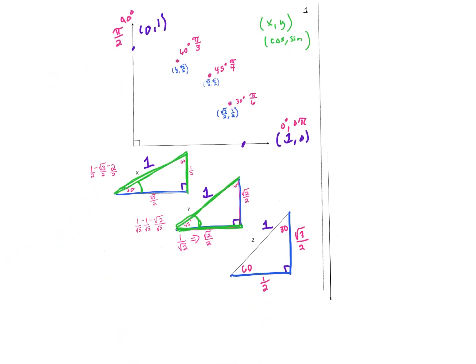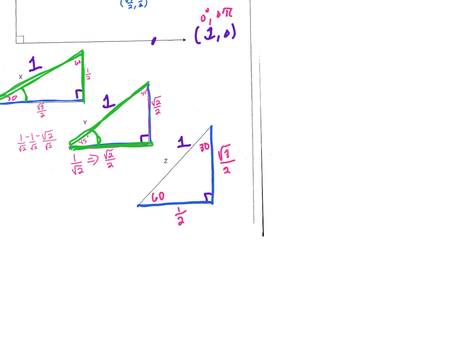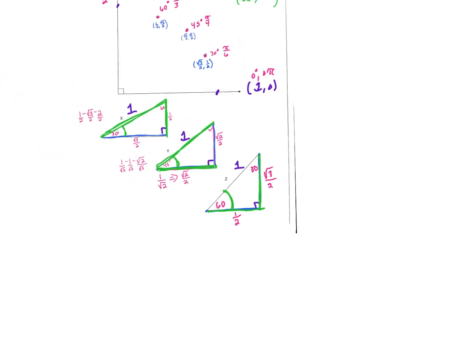I want you to think about the tangent ratio. So that's the last one. Let's look at that. If we look at this particular angle as our reference, the 60-degree angle, and we talk about the tangent ratio, we know the tangent is the opposite over the adjacent. So I want you to think about what locations those are in relation to x's and y's.